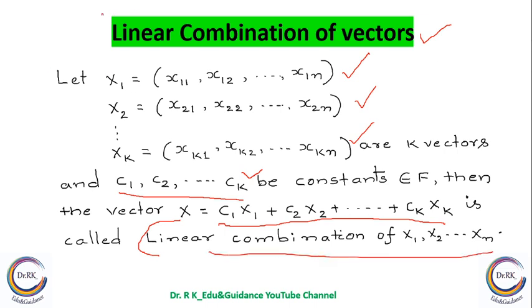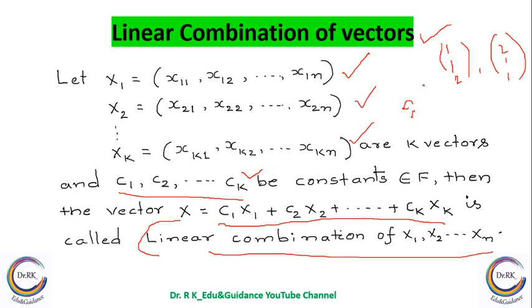Very simple. So we had vectors. Suppose we take a vector 1 1 2, this is one vector. Suppose another vector 2 1 1, another vector. And what is a linear combination of this for constants c1 and c2?